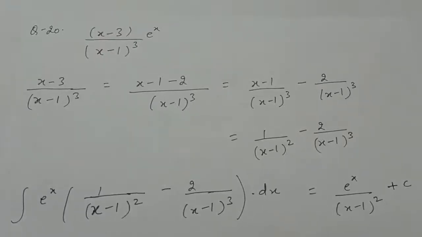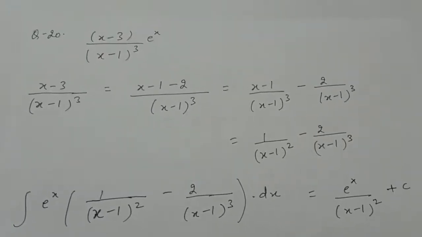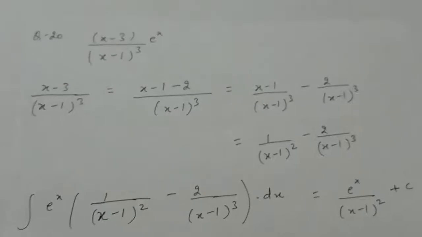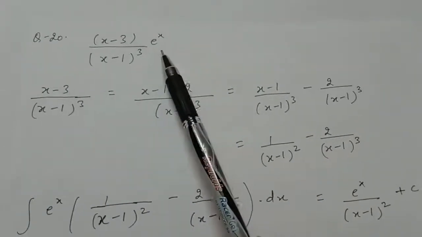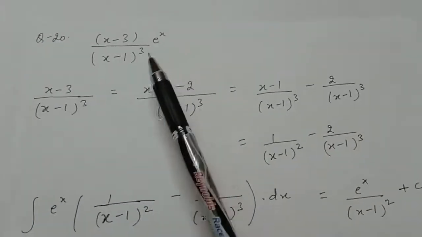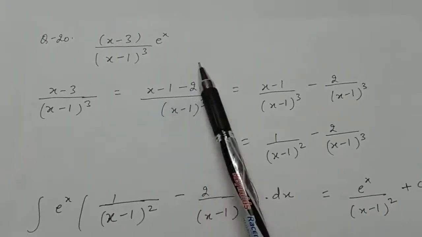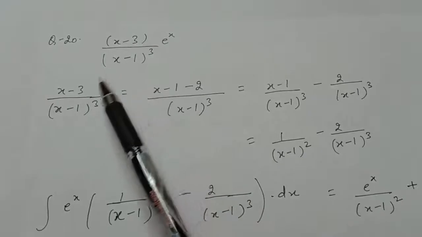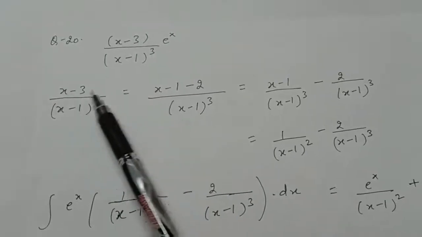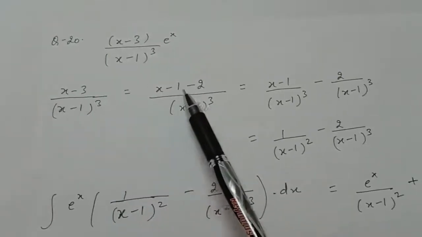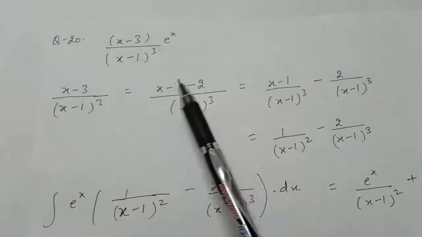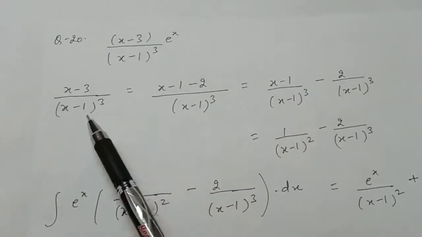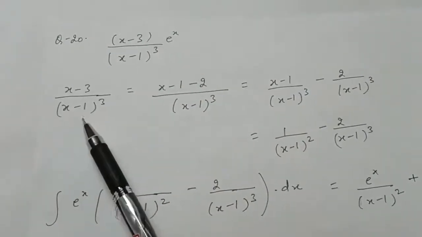Question number 20 is (x minus 3) upon (x minus 1) whole cube into e raised to the power x. Now again try to make it in the form of e raised to the power x into f(x) plus f dash x, right? So taking this, x minus 3 can be written as x minus 1 minus 2. Why have I written it like this? Because in the denominator you can see x minus 1 is given, right?